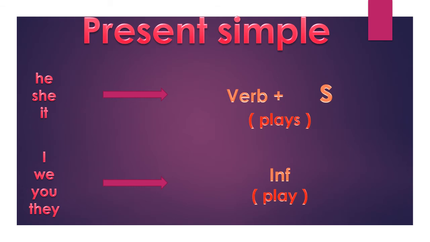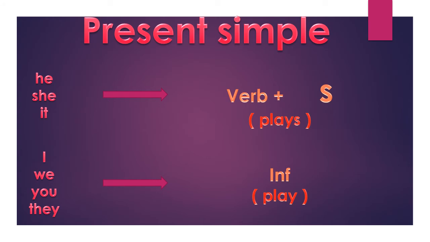But here we have two types of pronouns: singular pronouns and plural pronouns. Singular pronouns like he, she, it, and plural pronouns like I, we, you, they. With singular pronouns, we must add s to the verb. For example, he plays, she plays, it plays.